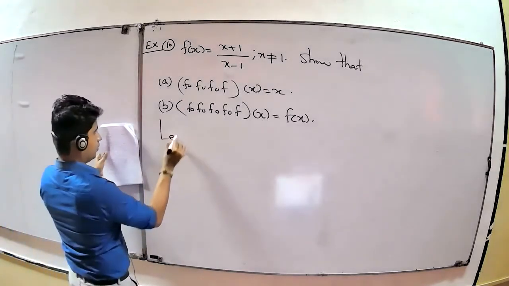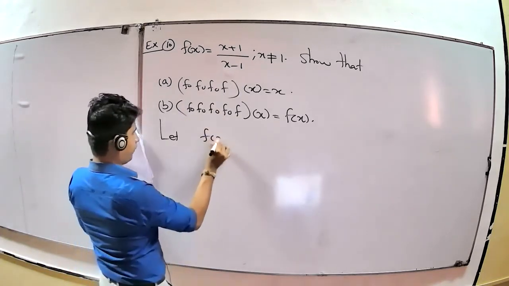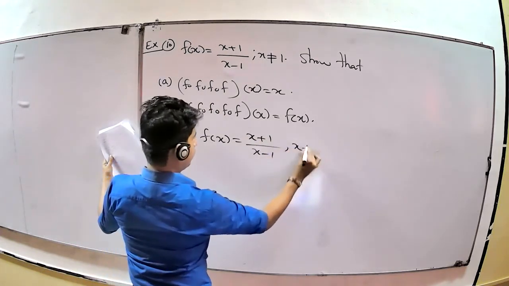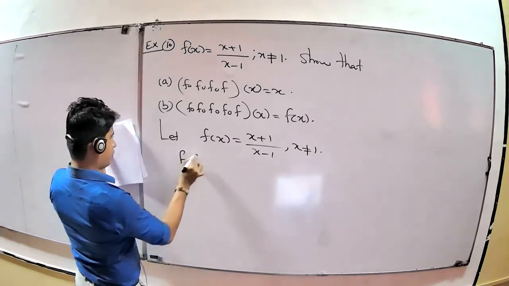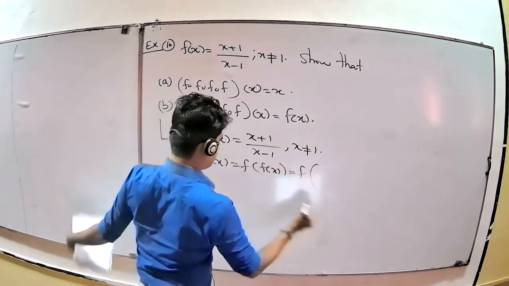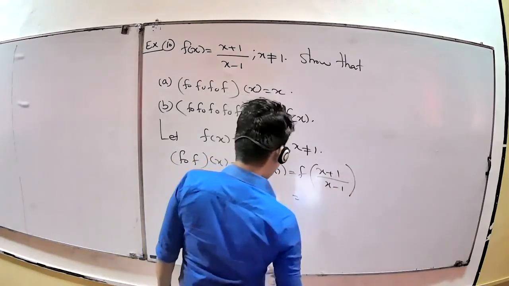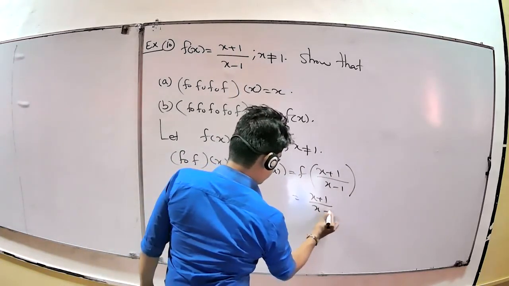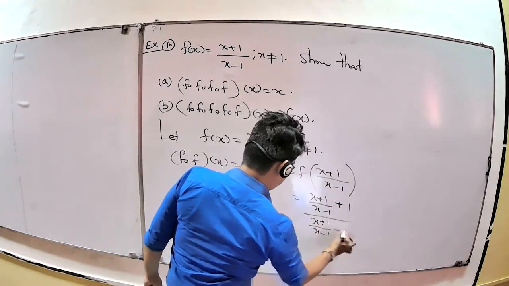Let f of x equal x plus 1 over x minus 1, x not equal to 1. Now, f composition f of x, what is the value? f of f of x becomes f of x plus 1 over x minus 1, which is x plus 1 over x minus 1 plus 1, over x plus 1 over x minus 1 minus 1.